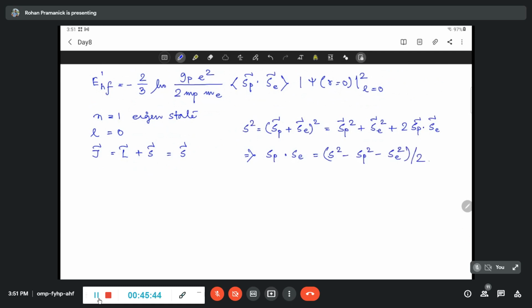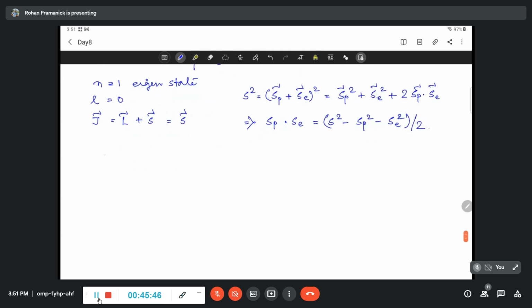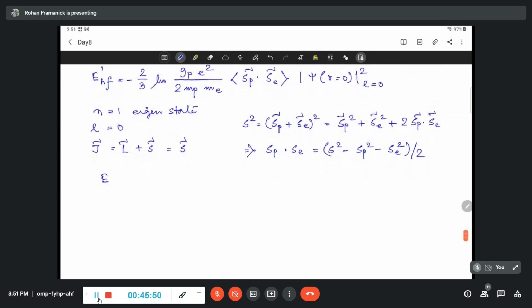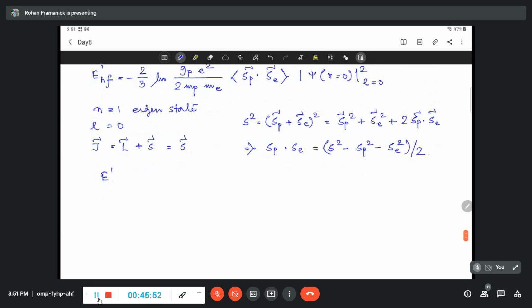Okay, so what is the expression here? E_1 hf equals minus 2 by 3 mu naught. Okay, so 2 cancels.